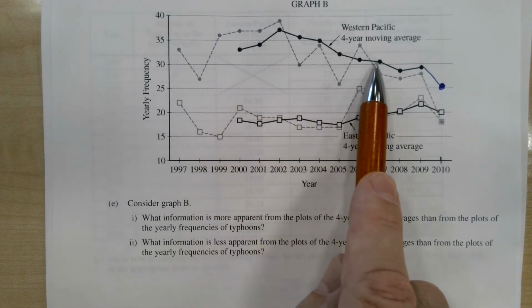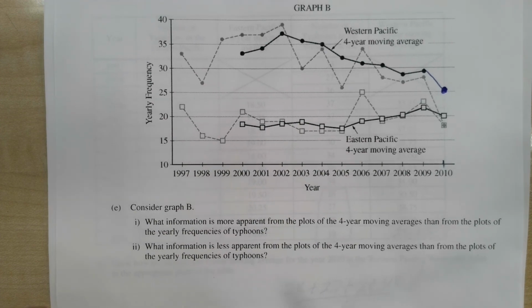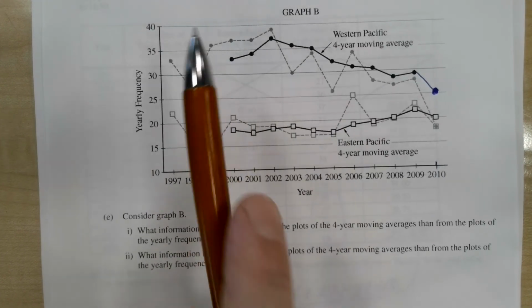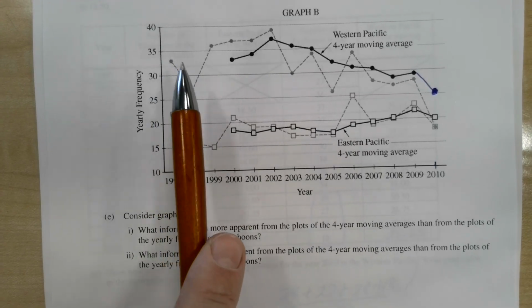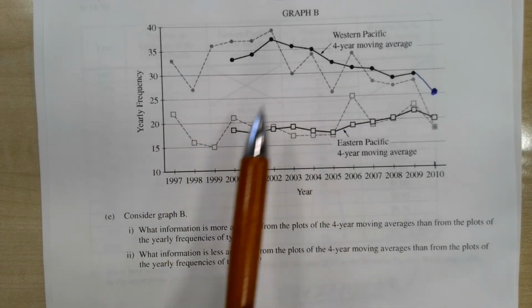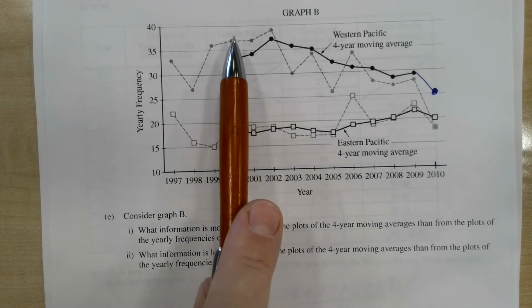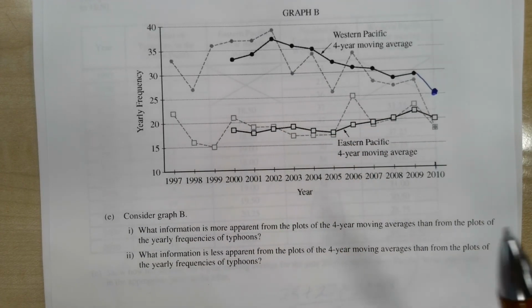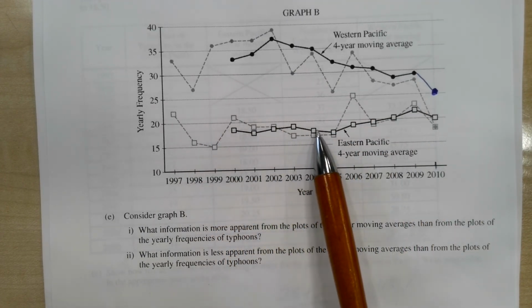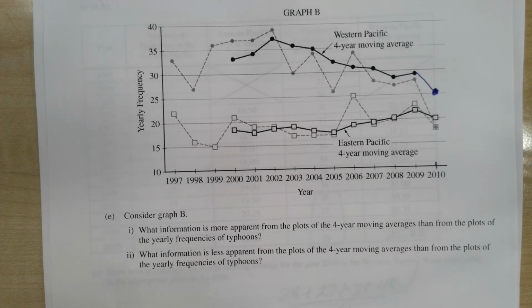So the averages kind of flatten it out a little bit, like gives you a better idea of the trend, right? So what you want to say for this question is that I can see the trend for both the Western and Eastern Pacific number of typhoons a little better. It's more clear that the trend for the Western Pacific is decreasing and the trend for the Eastern Pacific is consistent, with maybe a slight rise in the later years, right? So that's what they're looking at.